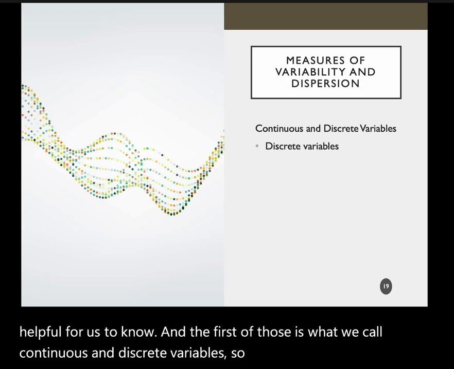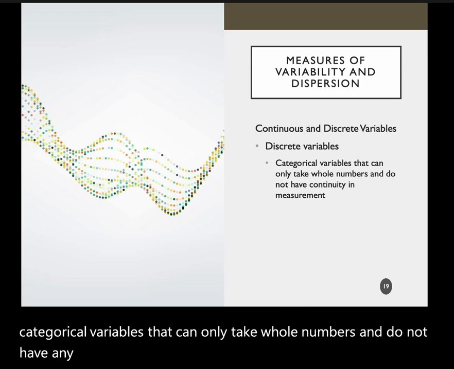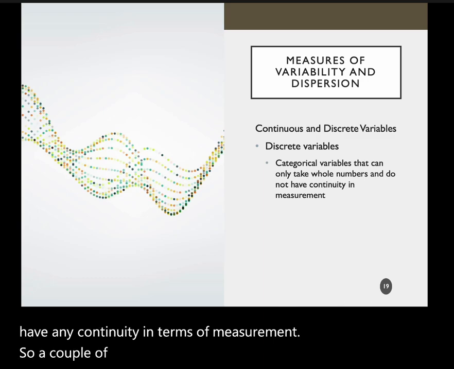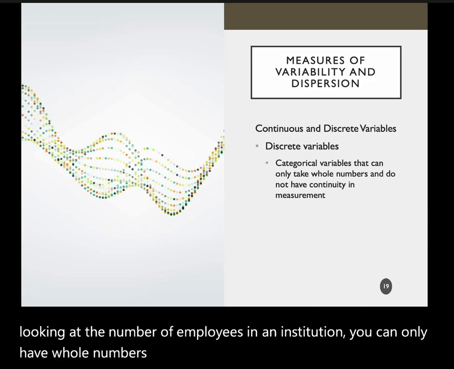Discrete variables are specific categorical variables that can only take whole numbers and do not have any continuity in terms of measurement. A good example of a discrete variable is the number of employees in an institution. You can only have whole numbers. You can't have half a person at an institution.